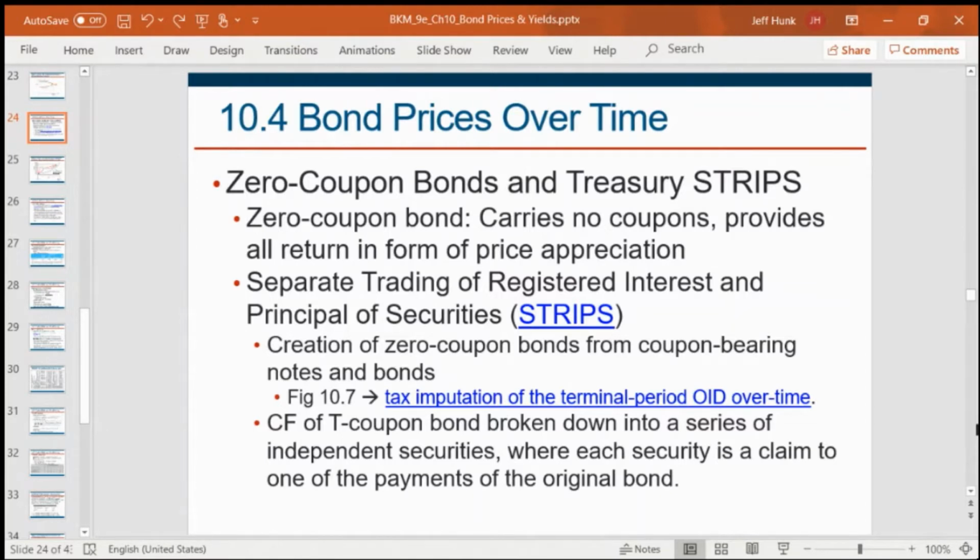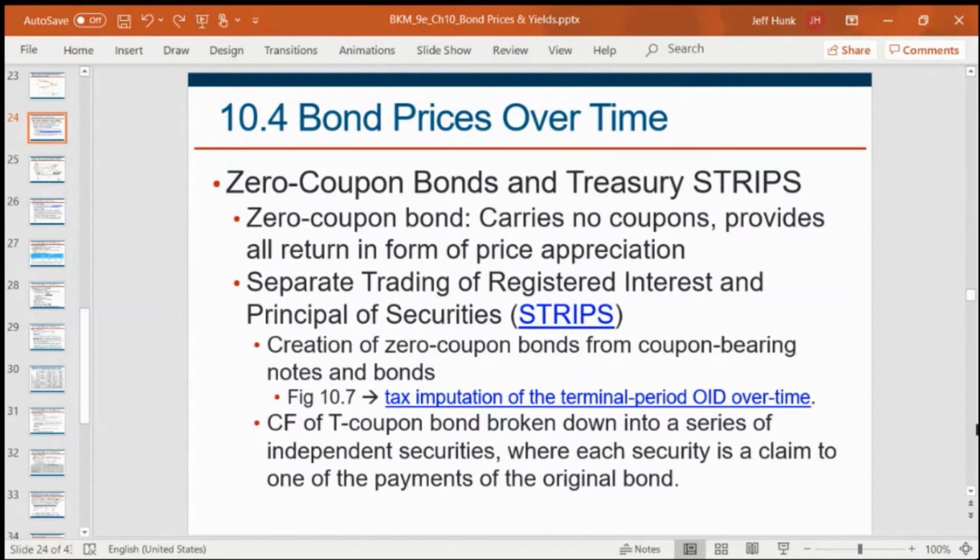So think about it: instead of waiting 1 year and receiving $1,000, you receive a $1,000 zero coupon bond that matures in 1 year. Make sense?